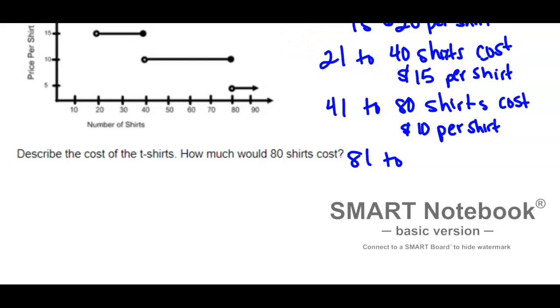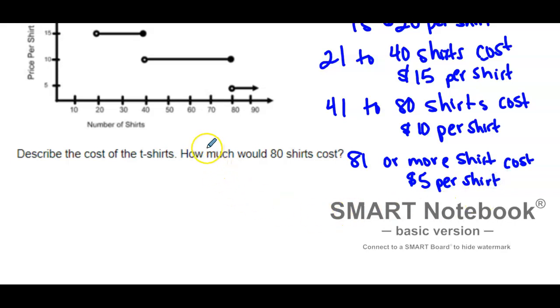I put 2, but we need to put "or more." So 81 or more shirts cost $5 per shirt. So that's interpreting that graph.